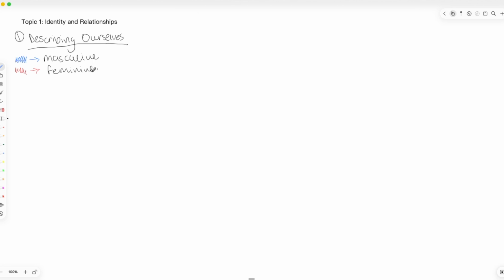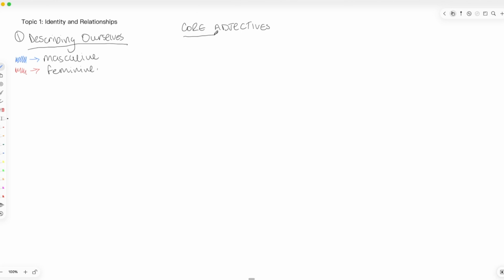We're going to start off by looking at adjectives. So we're looking at our personality adjectives. We're going to go in with a bunch of words that you can use, and I will point out the feminine and the masculine version of each as well. Let's have a look at what I'm going to call our core adjectives.